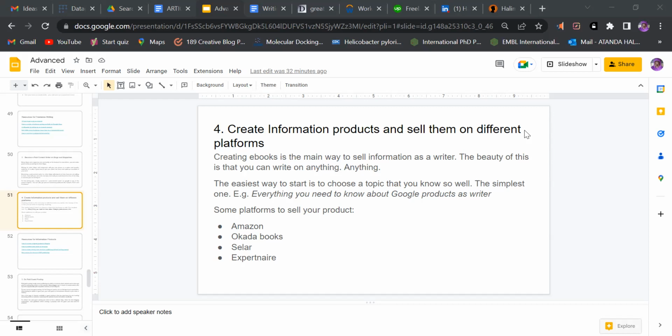So a topic that you know so well, you're so confident about it that you know that even the so-called people that call themselves gurus or experts, there are things that you know that they themselves don't know, right? Maybe with respect to a particular kind of audience or a particular kind of peculiarity, so to speak.